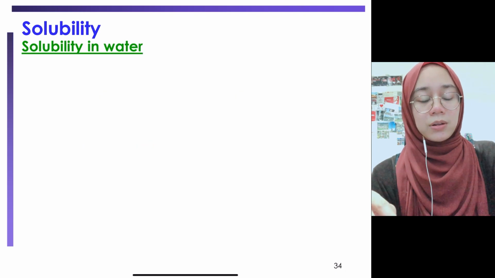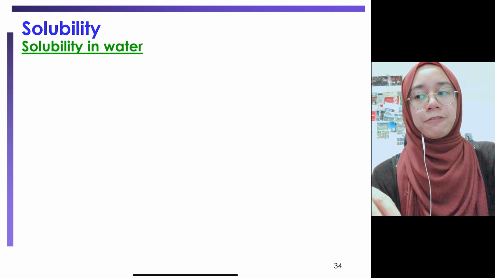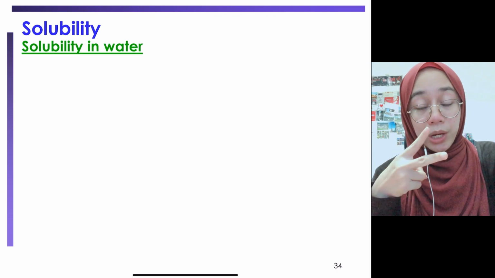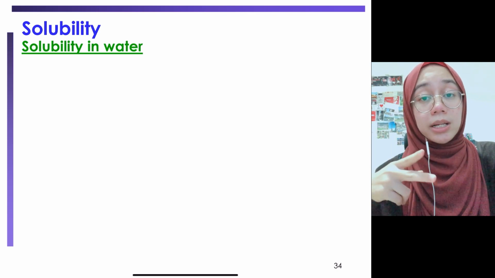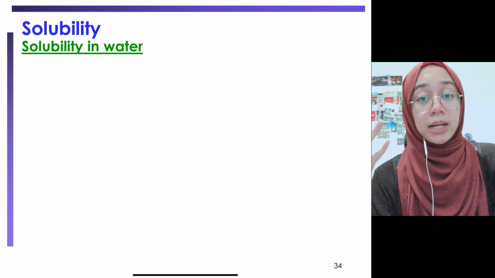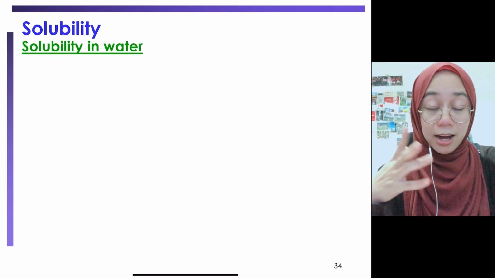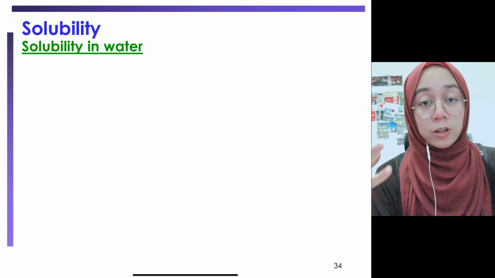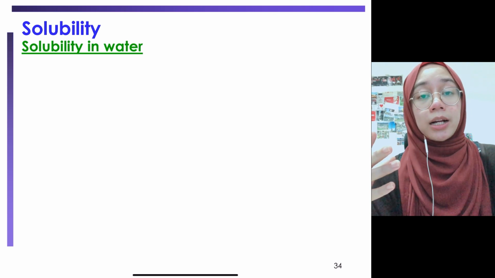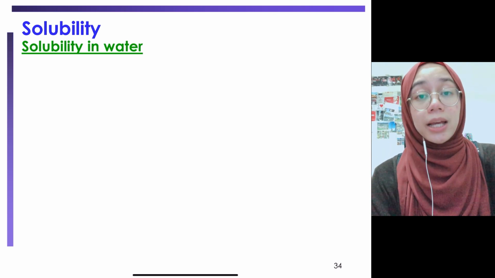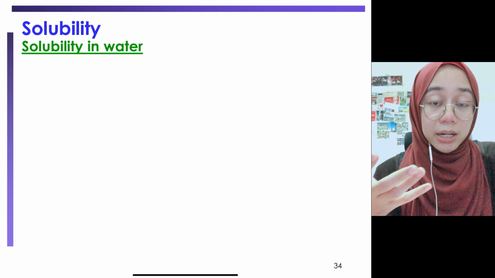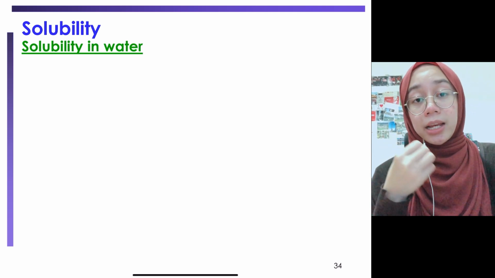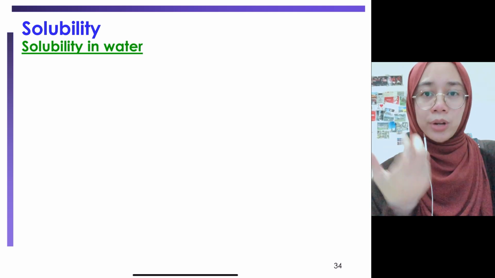Okay, so what if you need to compare between 2 molecules of carboxylic acid? So siapa yang lagi soluble, siapa yang tak? Okay, so dekat sini kita nak guna konsep apa? So dekat sini kita akan guna konsep yang hydrophobic area. What is hydrophobic area? Hydrophobic area adalah bahagian yang takut air.